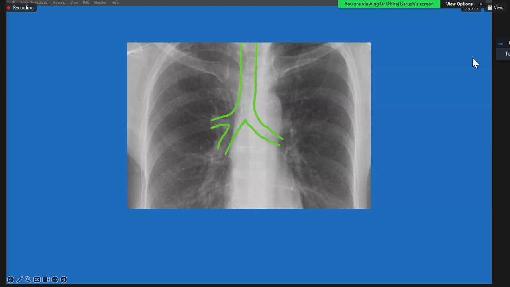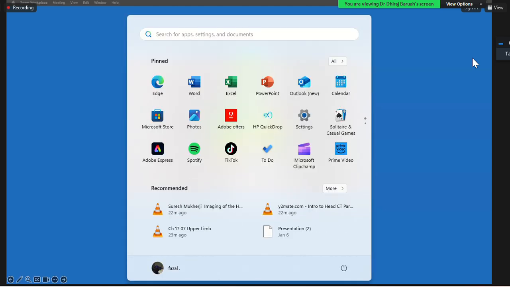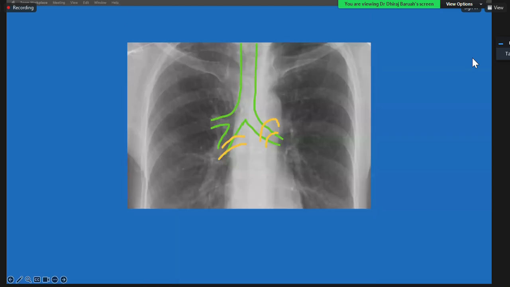When you look at the bronchi, you have the trachea, the right and left bronchi, and the upper and lower bronchi. With the vascular relationship, on the left side the bronchus is below the artery, so that is hyparterial bronchus, and on the right side it is anterior to the artery, so that is eparterial bronchus.